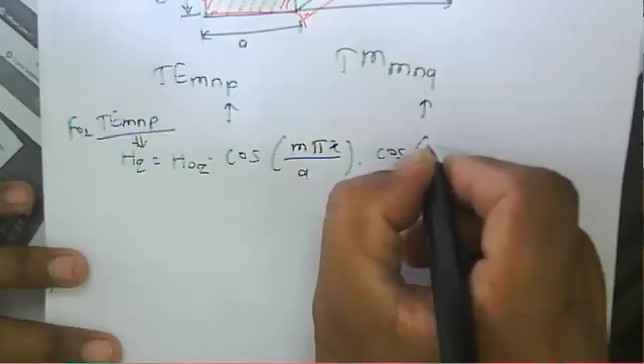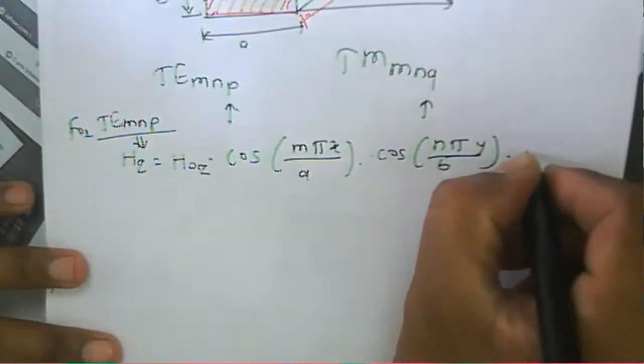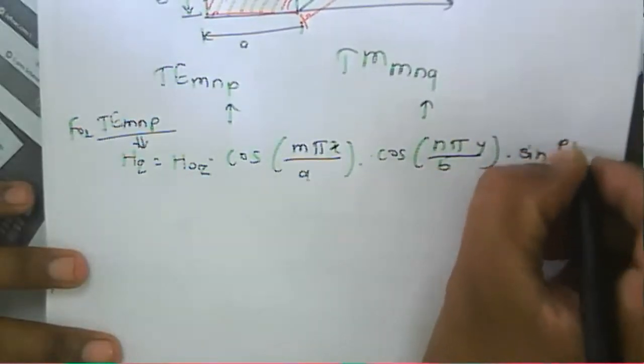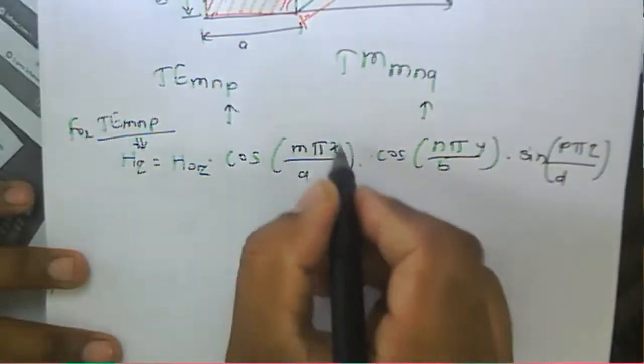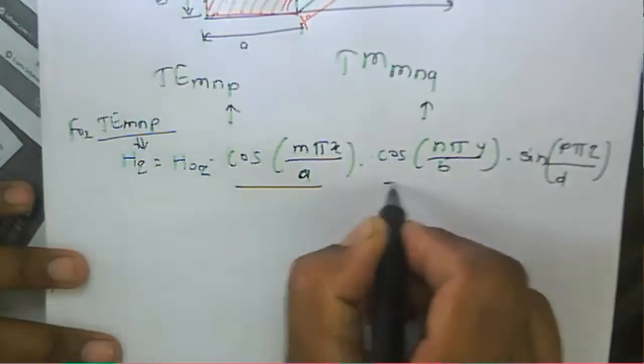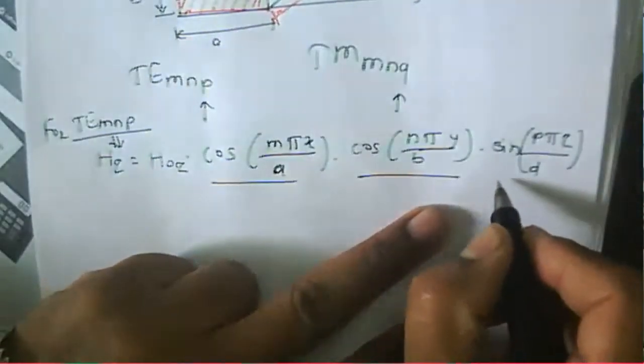That is, cos of n pi y by b times sin of p pi z by d. These expressions are the same as for the waveguide TE mode; only this one is added.